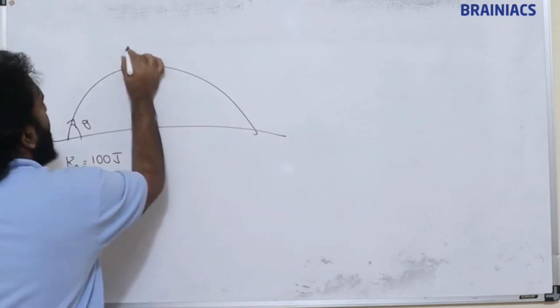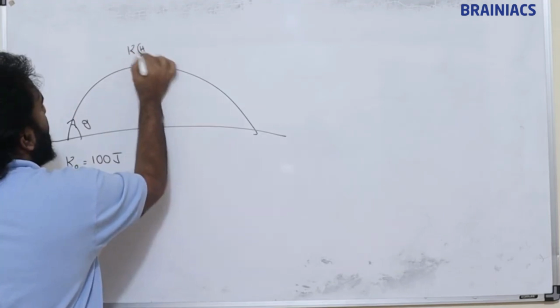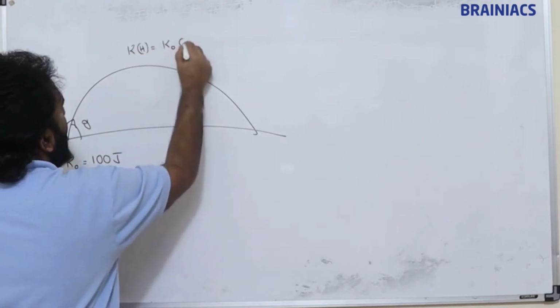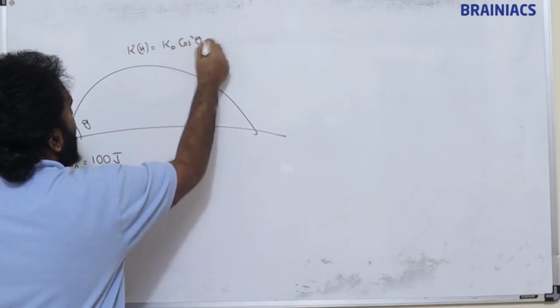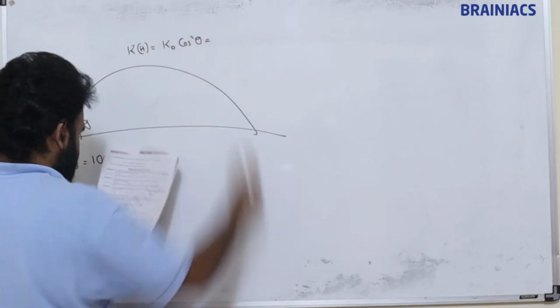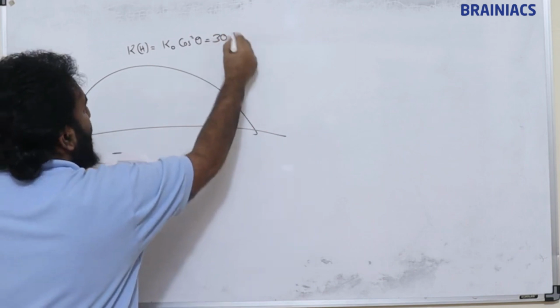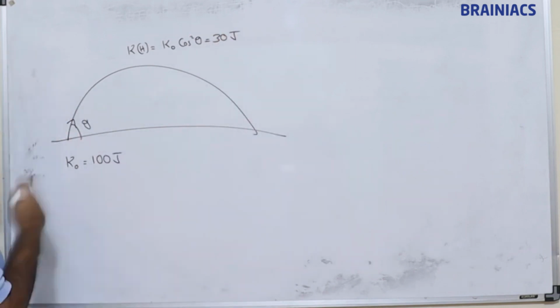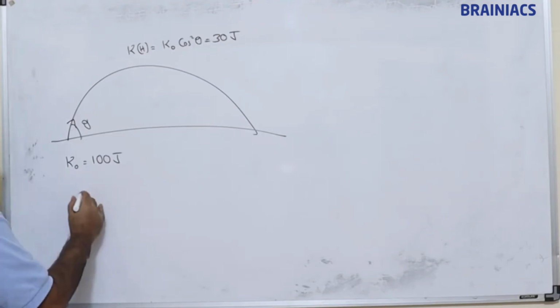And the kinetic energy at the highest point is k naught cos square theta, which is 30 joule. What is the angle of projection they are asking?